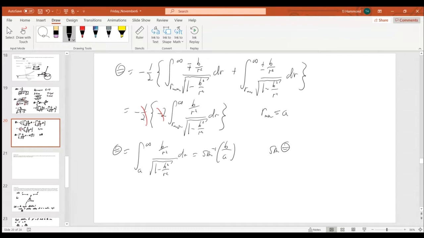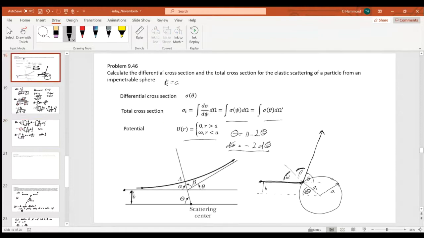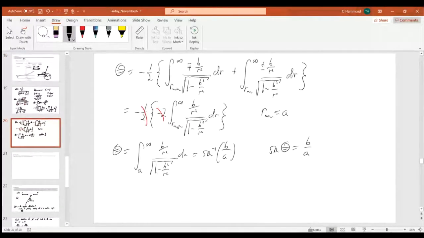So what we have is sine capital theta is, of course, going to be b over a. But remember, little theta is equal to pi minus 2 capital theta.